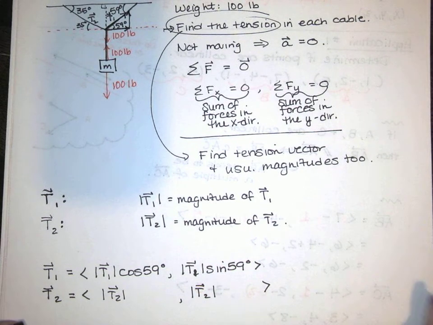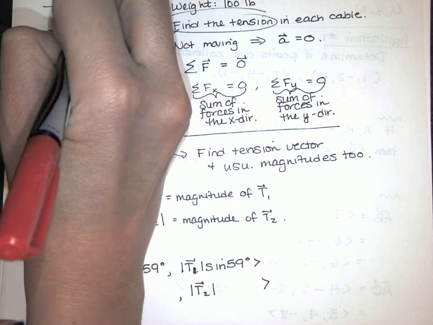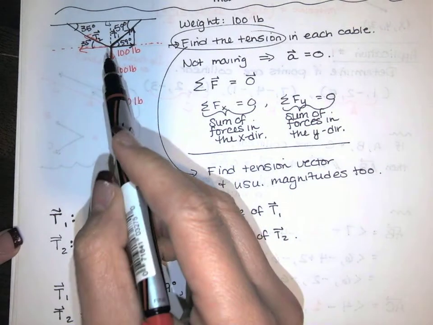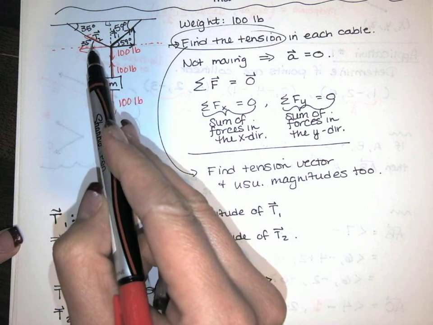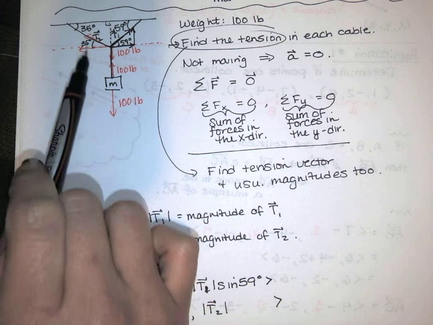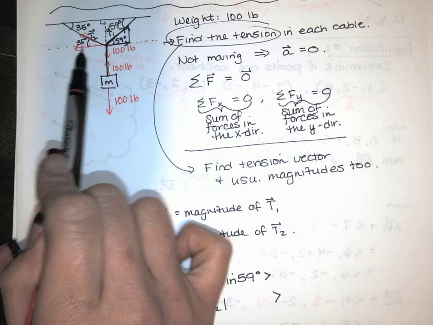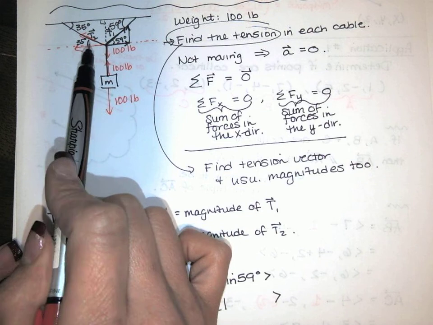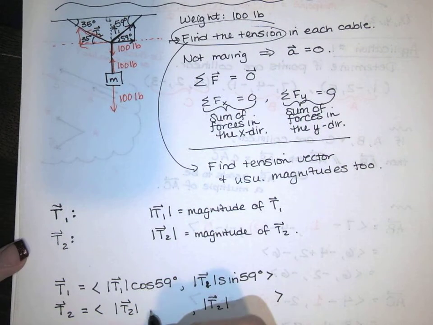Be careful on this one though. These are not angles measured from the positive x-axis. I know you could say, well, if that's 35, then the angle must be 180 minus 35. You could do that if you wanted to, but there's a much easier way. If you see that 35 there, and it's going in the negative x direction, just say, well, the side that's adjacent to the 35 is going to get the cosine of 35.